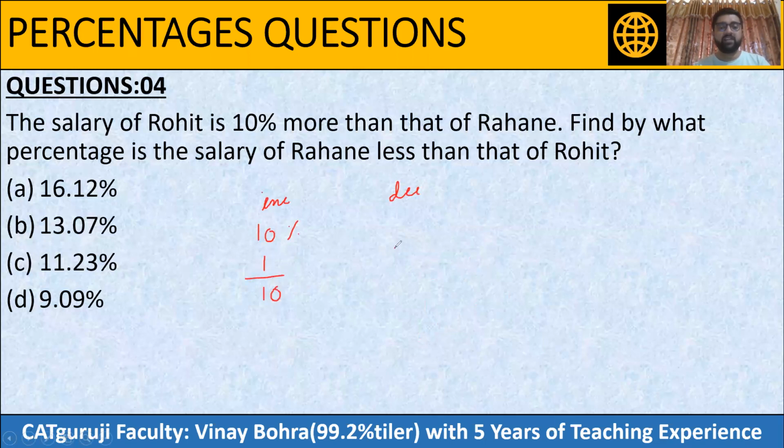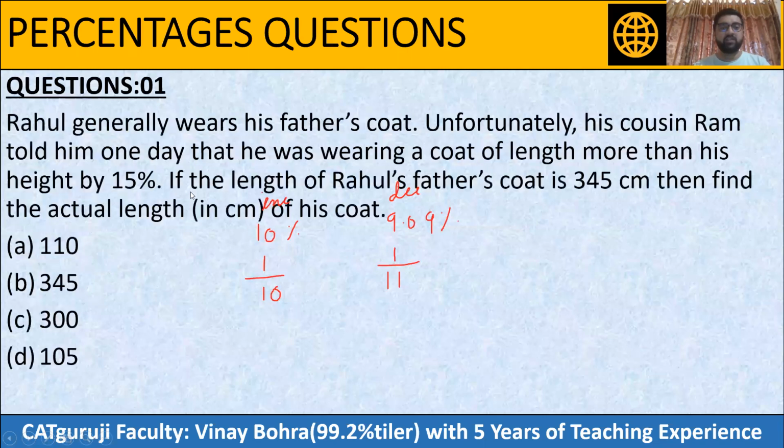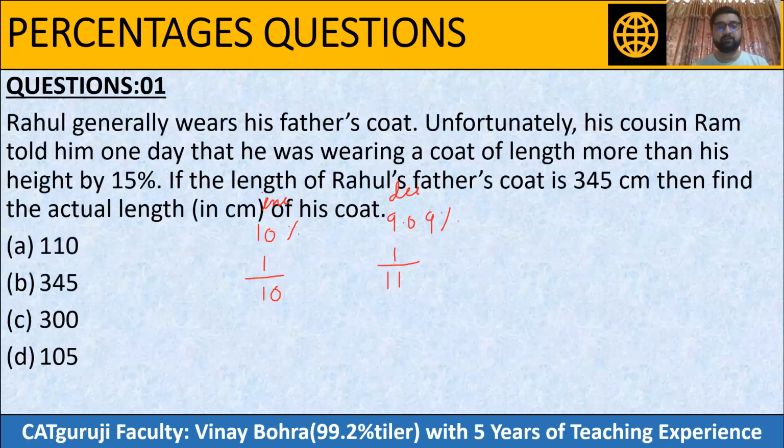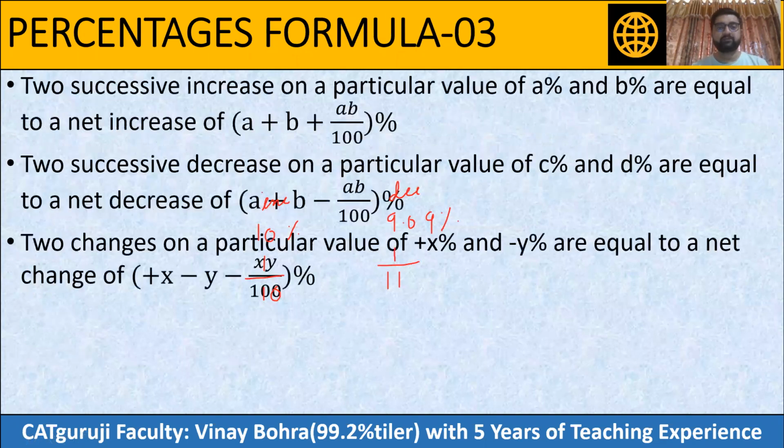So your decrement has to be 1 by 1 plus 10. So it is 1 by 11, and 1 by 11 is 9.09%. That's why all those fractions which we saw initially are very important. If you know the fractions, that will make your task very easy while solving percentage questions. Let's see the next one.